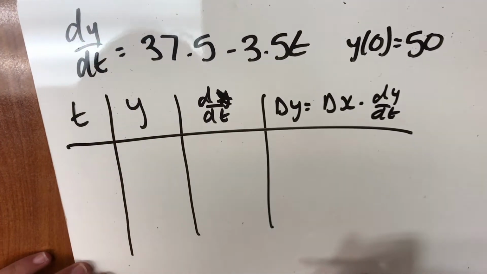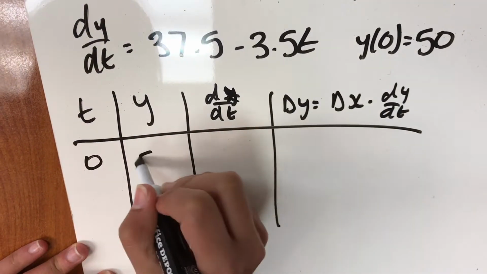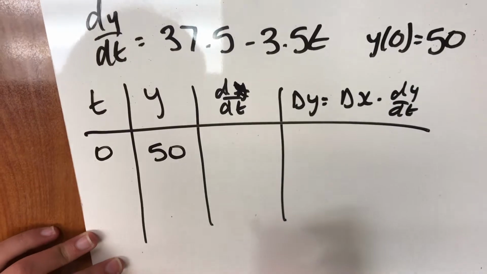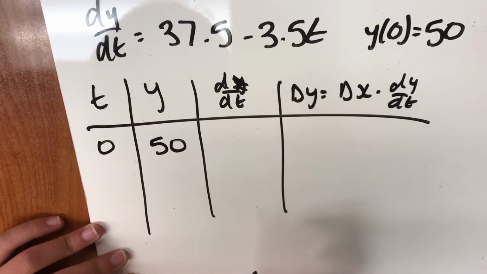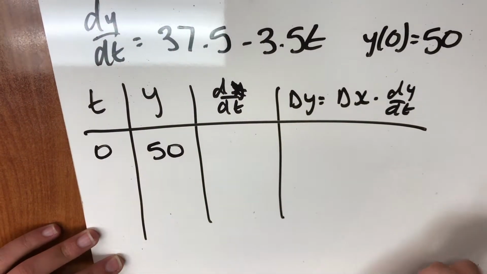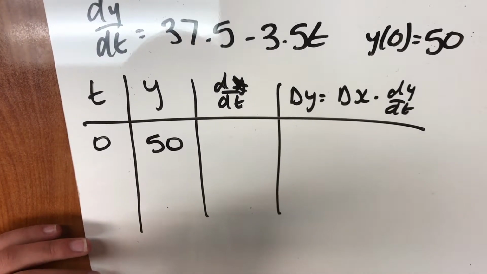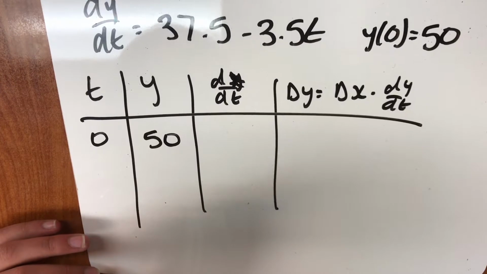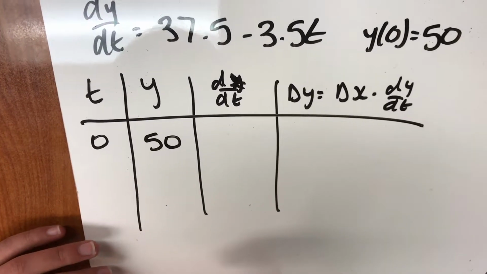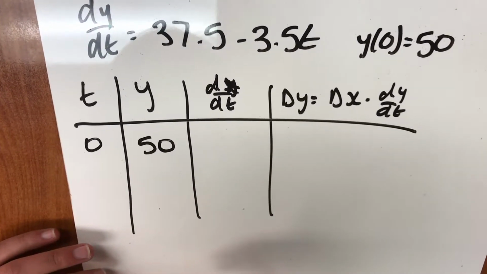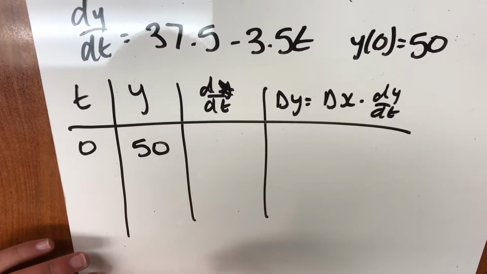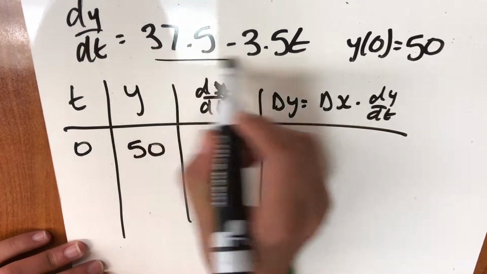So we will start with the point (0, 50), filling in the first row of the table. So now, Ashka, what is the derivative at that point? So are we just supposed to plug the point into the given differential equation? Yeah, that's absolutely correct. We know that for any solution to this differential equation, the derivative is going to be equal to 37.5 minus 3.5t.